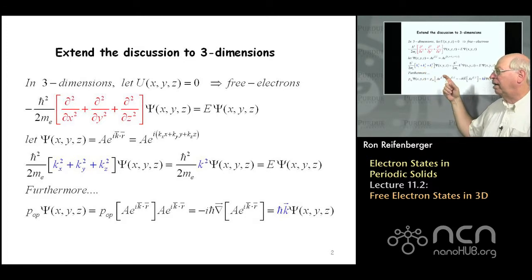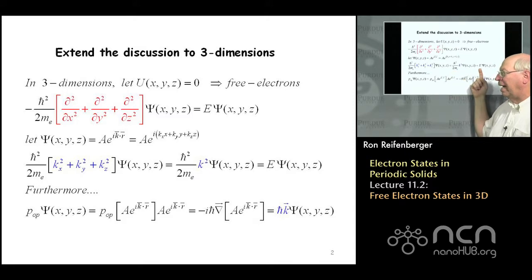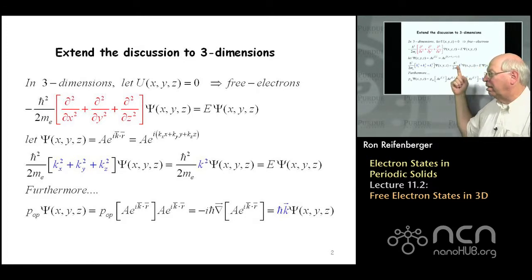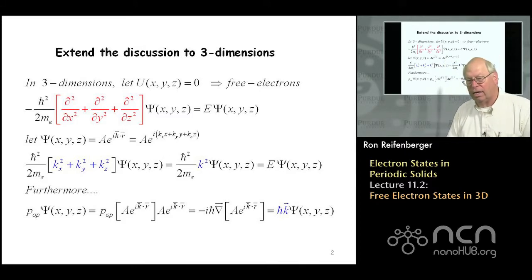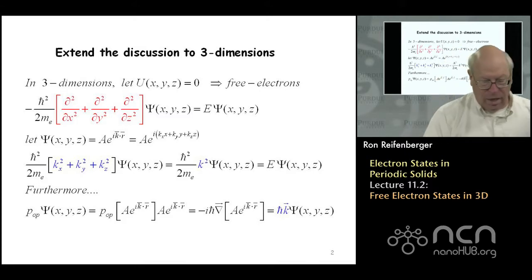And so this then allows us to identify the electron energy eigenvalues in terms of this quantity h bar squared k squared over 2m sub e. So this identification we've made many times throughout the semester, but I think now you can start to see how it comes logically from these definitions of wave functions in 3 dimensions.